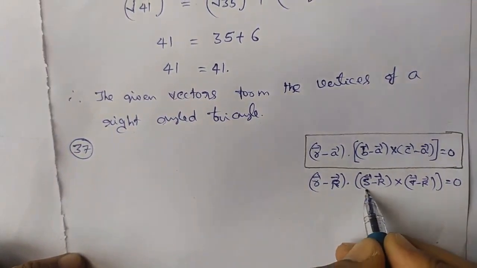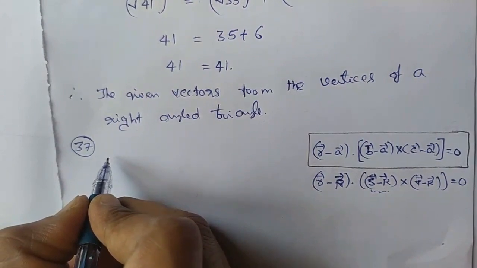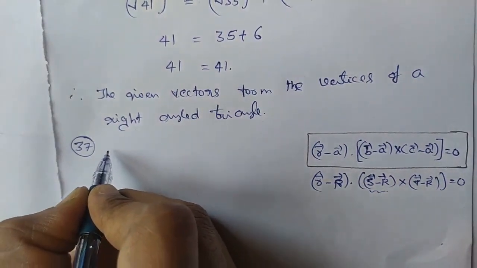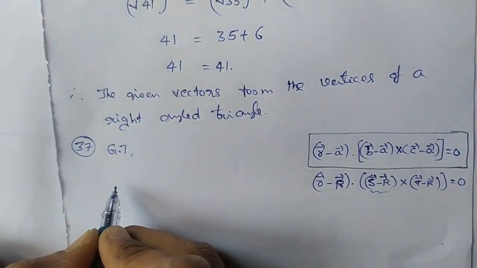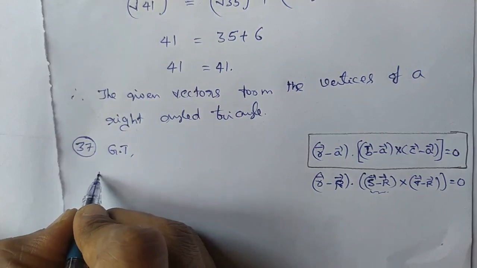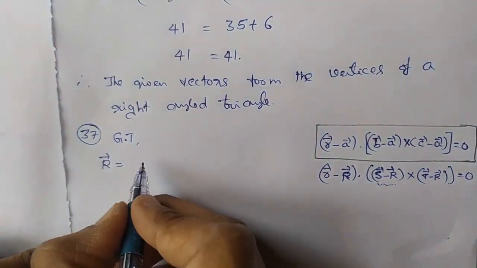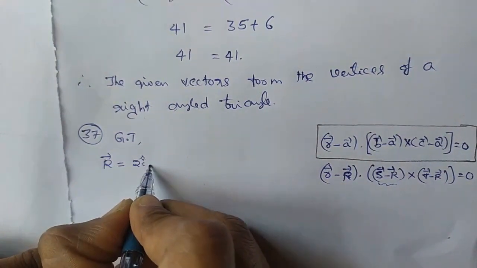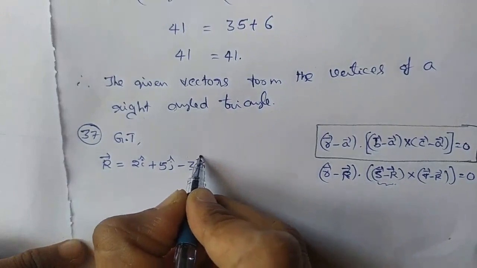First, find out S minus R vector. Before that, write down the given points in the form of vectors. Given that R, S and T, let us consider that R vector is 2i plus 5j minus 3k.